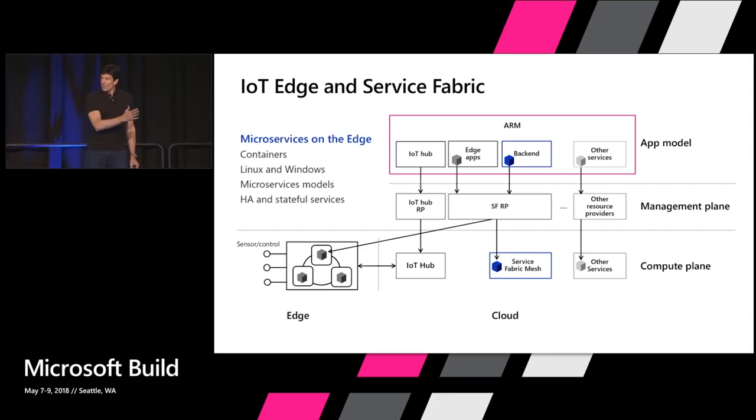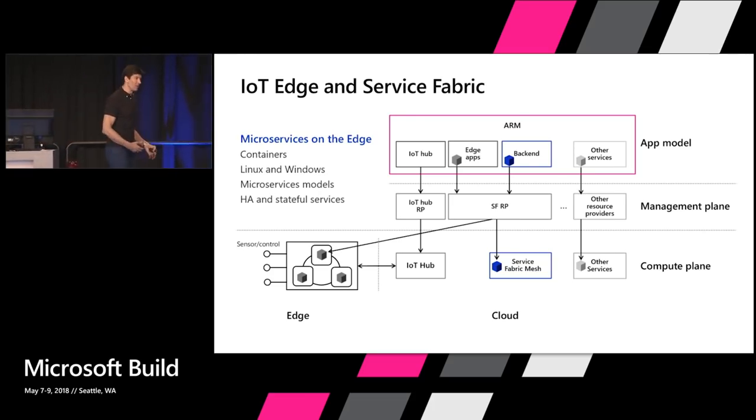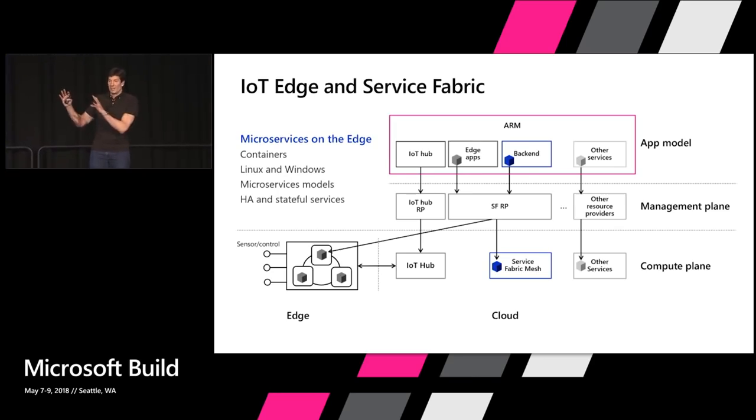Now, everything can't necessarily go down that far because of limitations in resources as you get down into smaller devices. But if you're talking about Raspberry Pi, Arduino type class edge devices, you can do a lot of pretty rich things on them. And there's no point in having a different microservices programming model for the cloud and another one for the edge. We want that experience to be as consistent as possible so you can take those apps and run them on the cloud or on the edge, depending on where's the best place to run them, where they need to run.